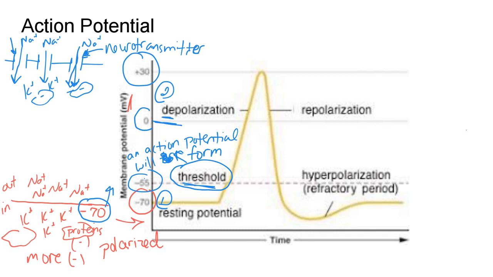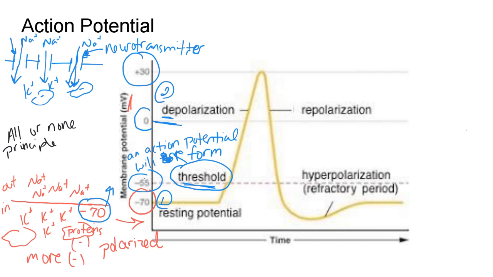Action potentials form on what we call an all or none principle. Similar to muscle contractions, where I either got a muscle contraction or I didn't, I either get an action potential or I do not. It's either enough of a depolarization that threshold is reached, and so I get an action potential, or I didn't cross threshold and I don't get an action potential.